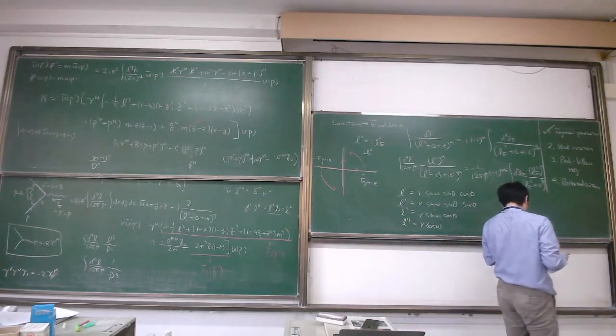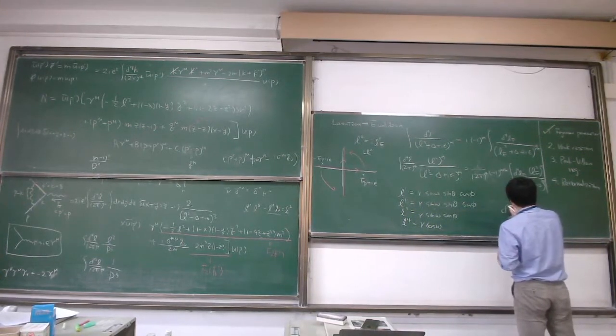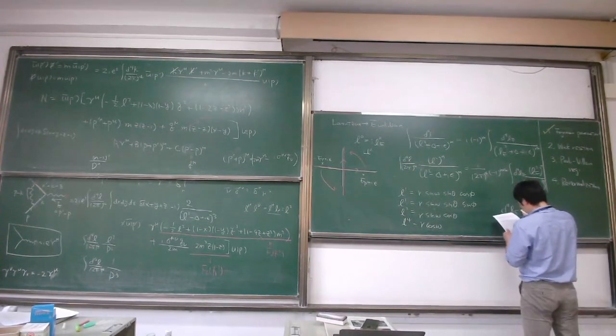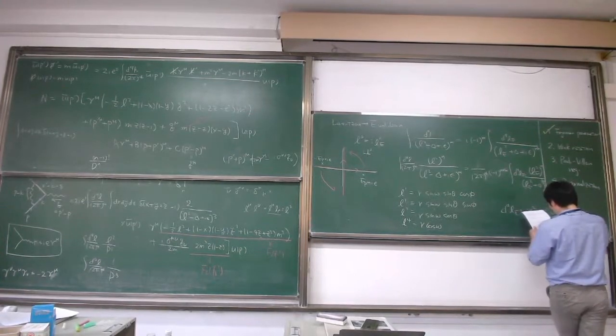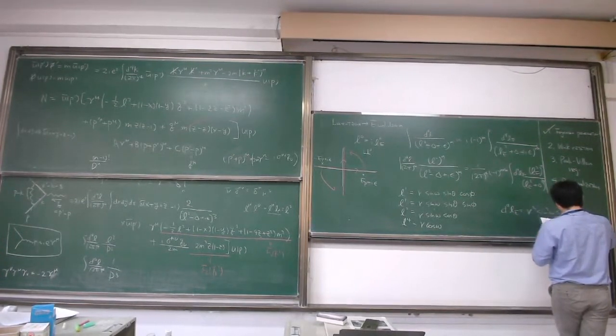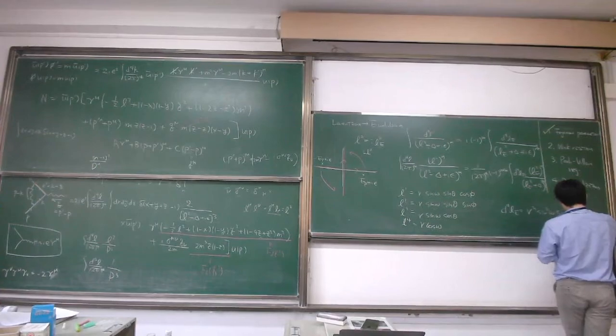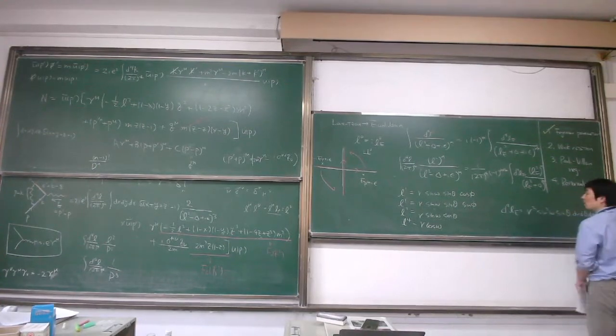Then the measure d4L becomes R cubed sine squared omega sine theta dr d theta d phi d omega and so on.